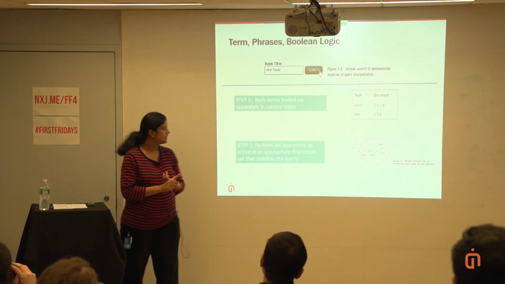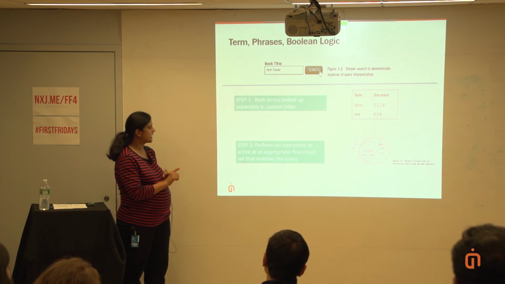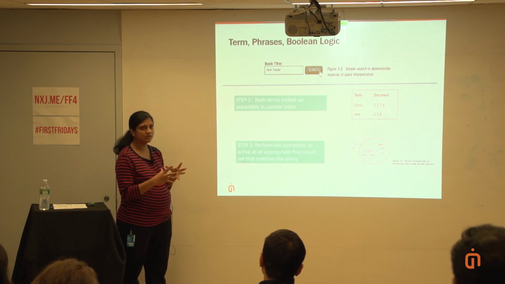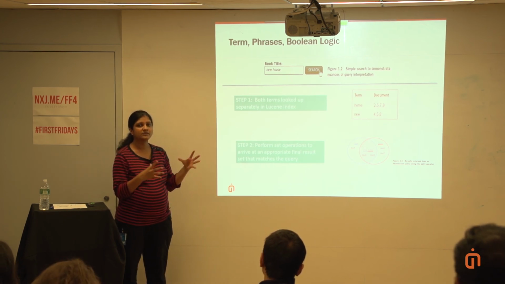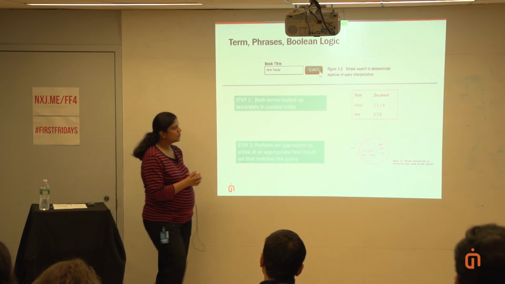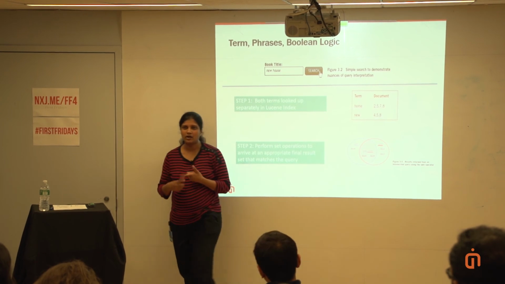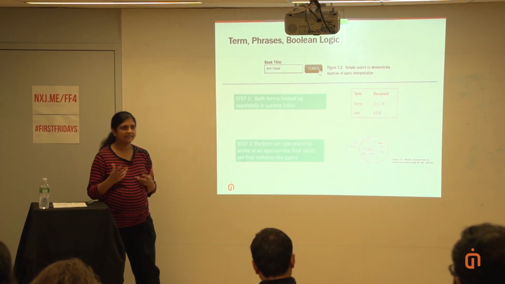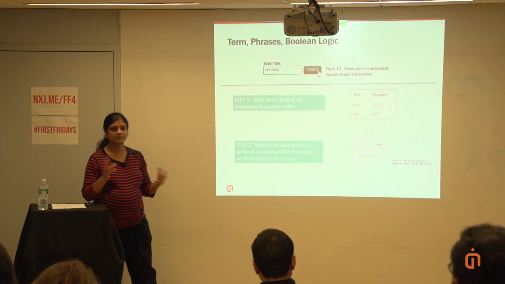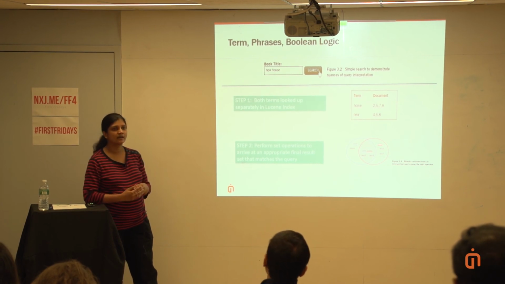So that's step 1. Step 2, it's going to perform a set operation to find out what are the documents in which both of these terms are occurring. Now there are many different ways we can do the set operation using AND, OR, or negation, like just have the first term and not the second term, so many ways.